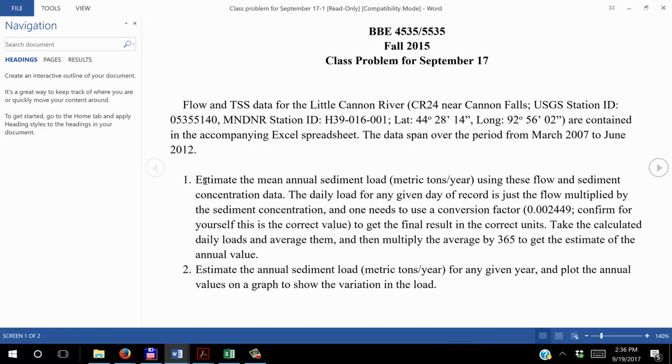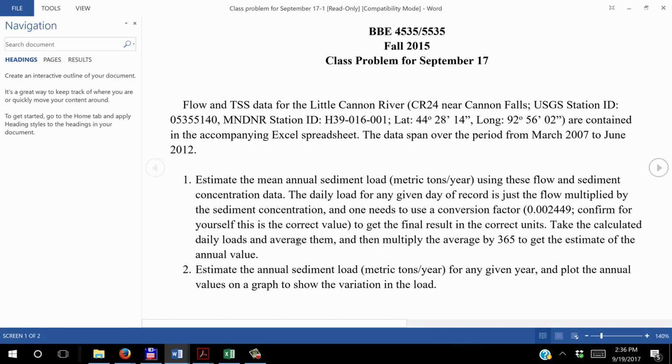The daily load for any given day of record is just the flow multiplied by the sediment concentration, and one needs to convert the units. In the case here, if we're going to do metric tons per year, the conversion unit is 0.002449 if your discharge is in cubic feet per second and your sediment concentration is in milligrams per liter.